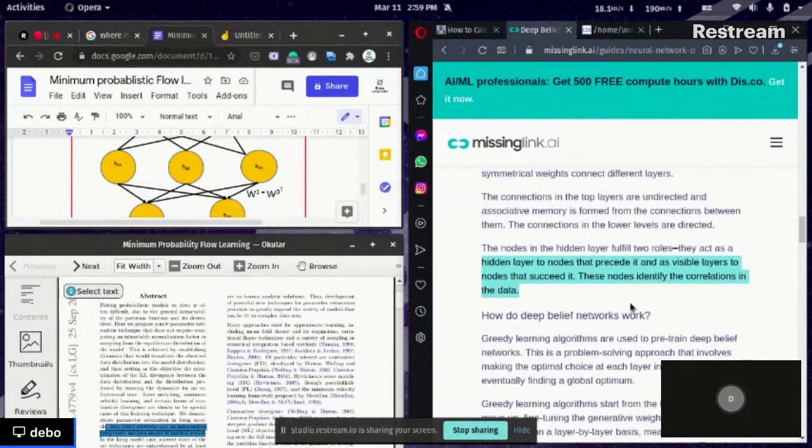Okay, they act as a hidden layer to predecessor nodes, and as a visible layer to successor nodes.